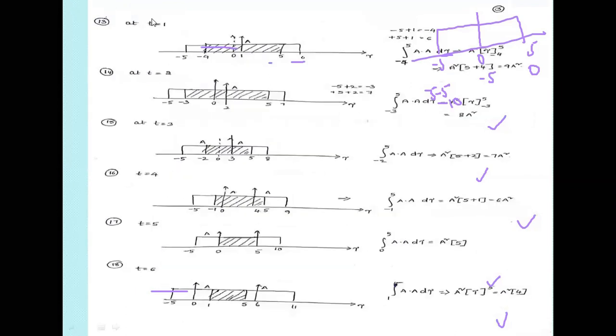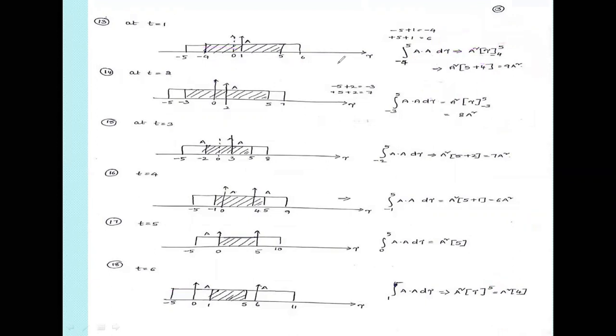Then I am still moving further: t equal to 1, t equal to 2, 3, and so on. Again the signal spans minus 5 to 5, with 0 in the middle. Previously it was t equal to 0.